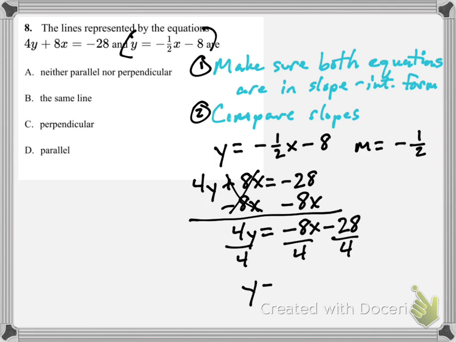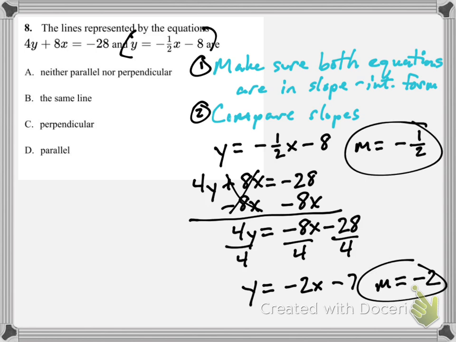So y equals negative 8 divided by 4 is negative 2x minus 7. So the slope of this line is negative 2. Now, to be parallel, the slopes have to be the same. Well, clearly they're not, because 1/2 and 2 are not the same number. So parallel is out.